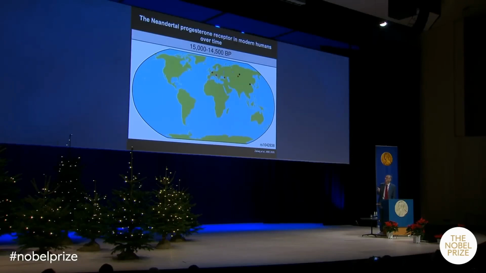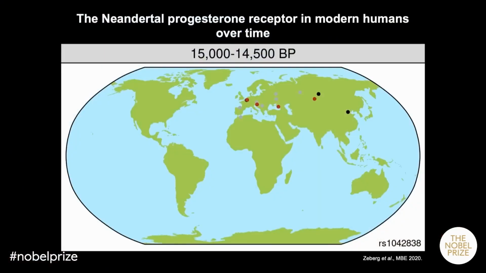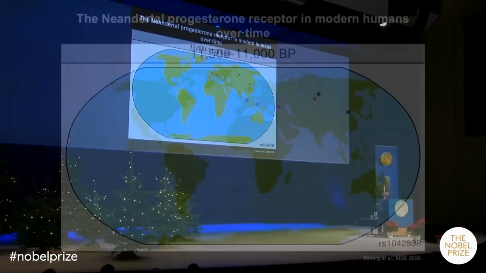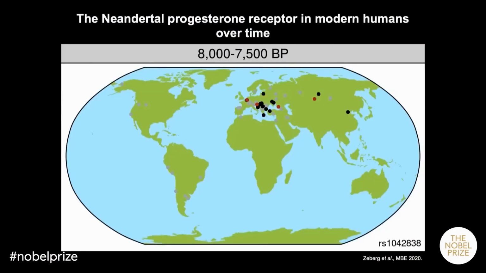So if you have this little movie here where we just have the archaic genomes in red, we have carriers of this risk variant for preterm births in black, other ones are gray, and we walk forward in time from 15,000 years ago towards present day. Around 7,000 years ago, you will see how this variant almost explodes in frequency, which makes no sense if it is a risk factor for premature birth, preterm births, right?